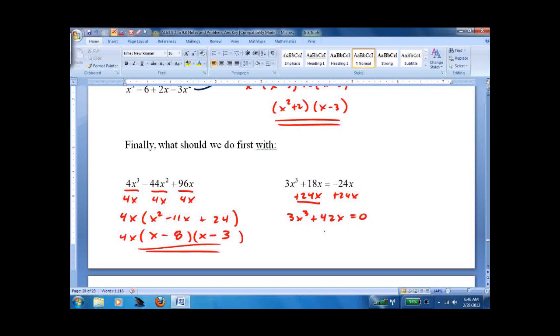Because it's equal to 0. And again, we look at it and say, well, I'm not sure what to do with it. First things first, is there a common factor? And I can pull out 3x from both. 3x, and that leaves me x squared equals 0.